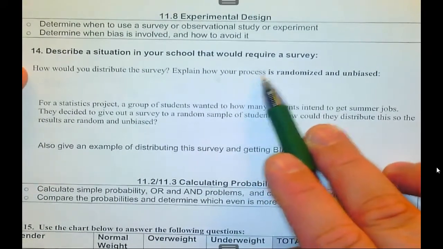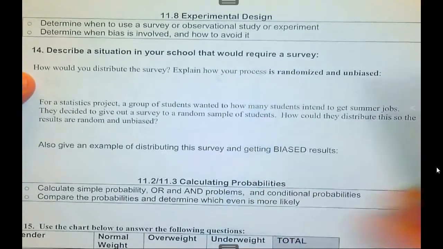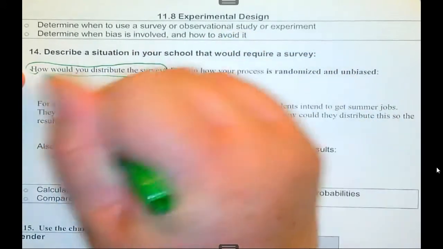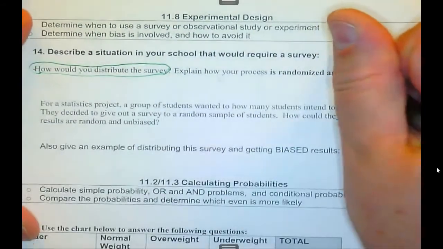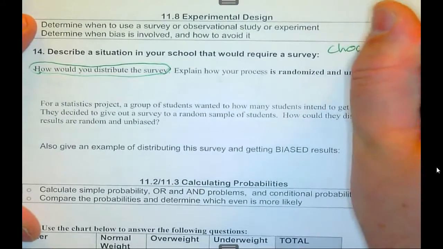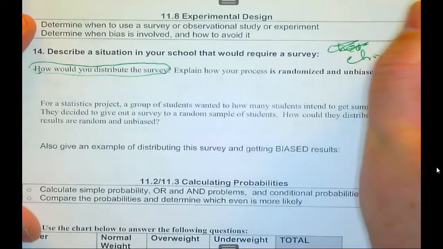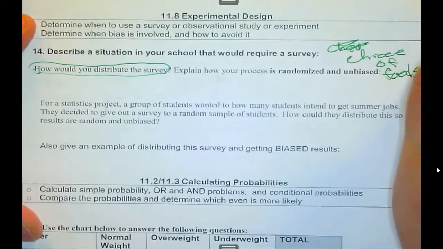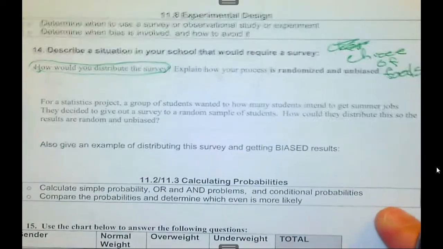Describe a situation in school that would require a survey. How would you distribute it? Say we want a choice of better food, okay? That would be a survey. Choice of foods. So we're going to start a survey. You want pizza or hot dogs or something like that.